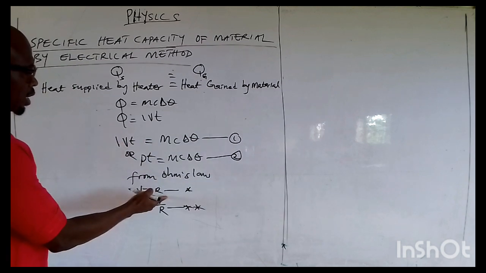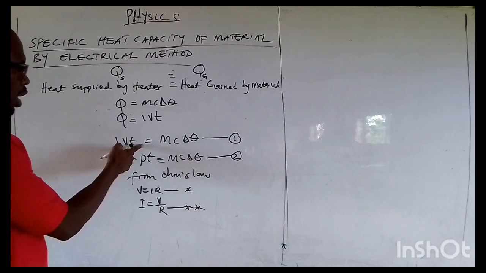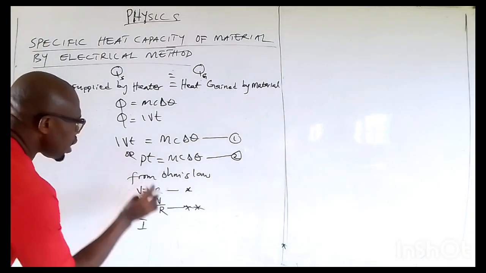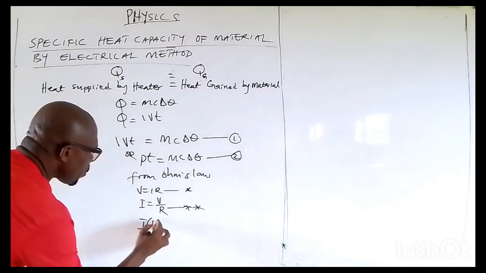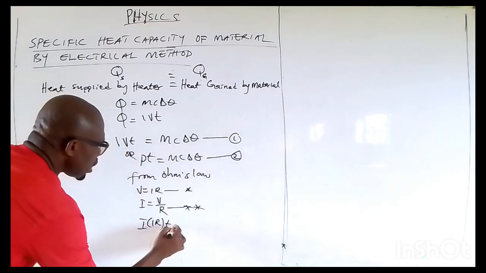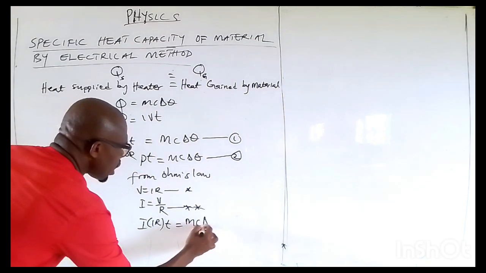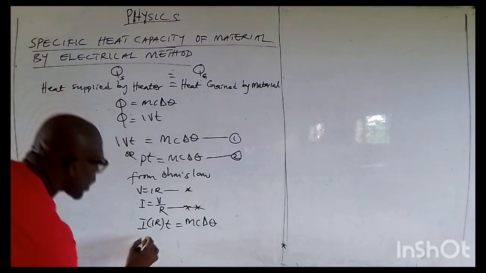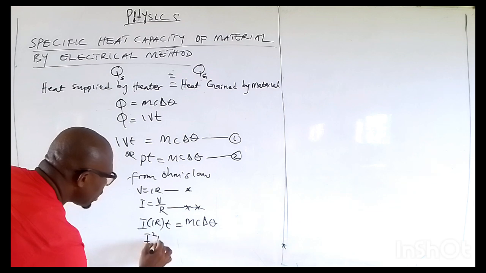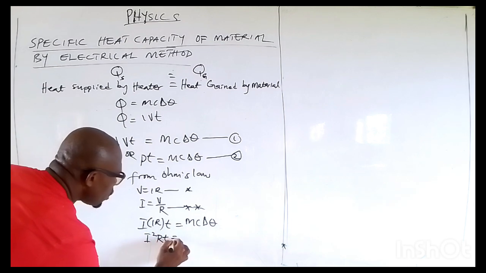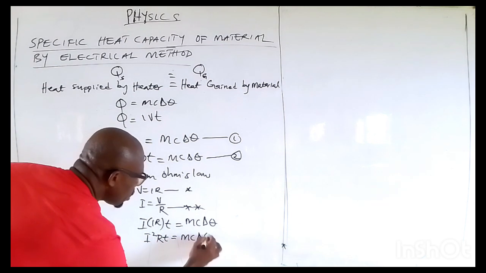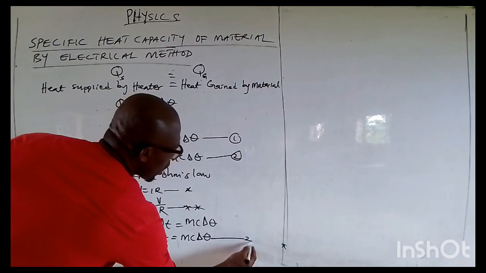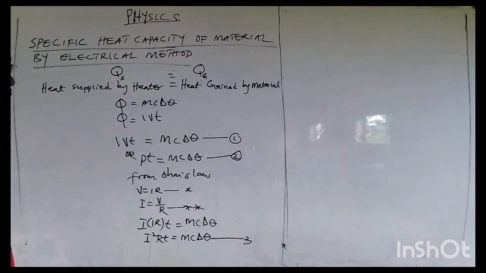If we put equation star into equation 1, in place of V we have IR multiplied by t equal to mc delta theta. If we open this bracket, we have I squared Rt equal to mc delta theta. We can have this as our equation 3.